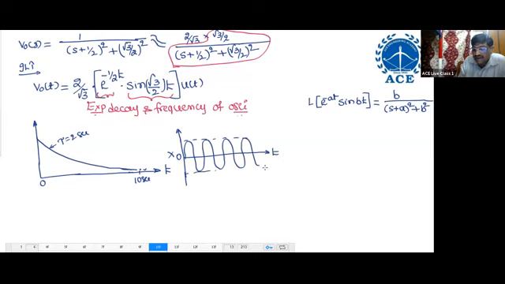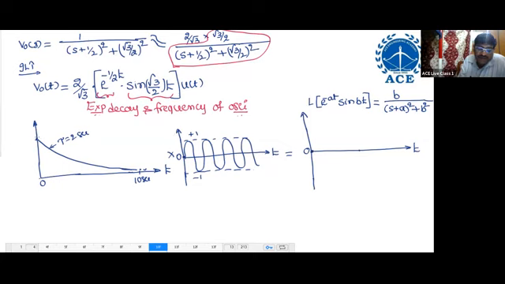What is the resultant of the product? For example, consider plus 1, minus 1, just to take it. So 0 into some value means 0.